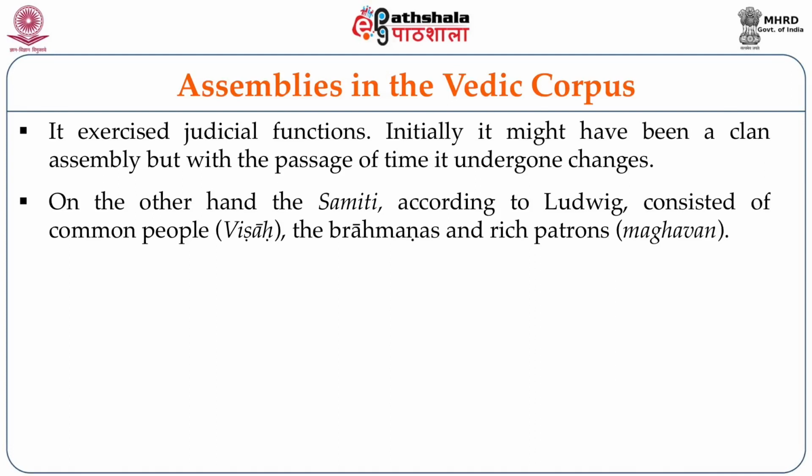On the other hand, if you look at Ludwig's writings, it consisted of common people like the Visha, and the rich patrons of these assemblies were also there, known as Maghavan. So the Vedic assemblies were also very important in understanding the political structure.